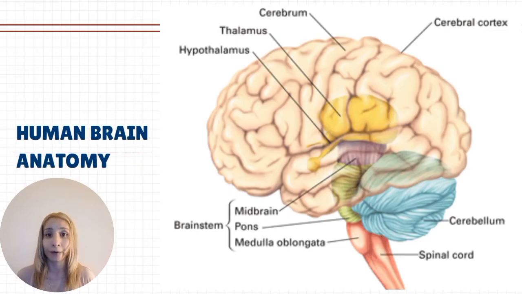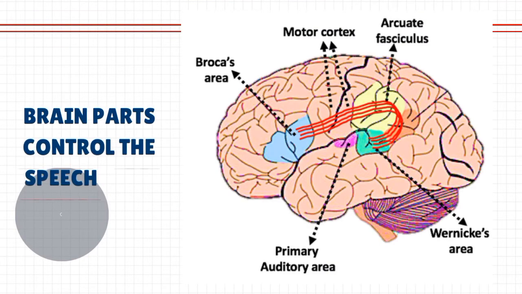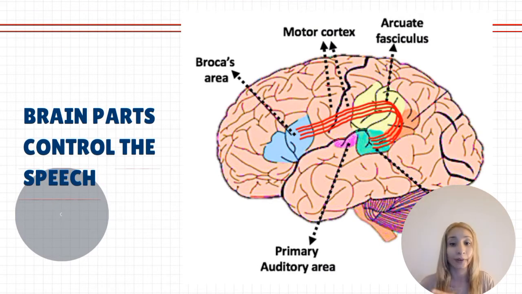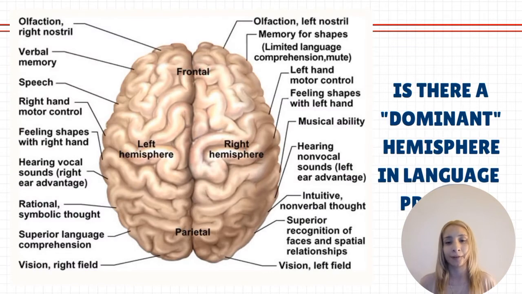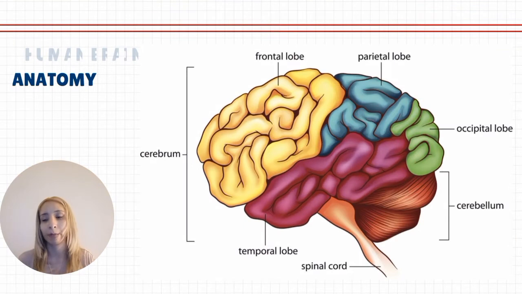What parts form the human brain? The human brain is composed of the cerebrum, cerebral cortex, cerebellum, and brain stem. The cerebrum is the large part of the brain and is composed of the right and left hemispheres. The cerebral cortex, as we can see in the picture, covers the cerebrum and has many folds.